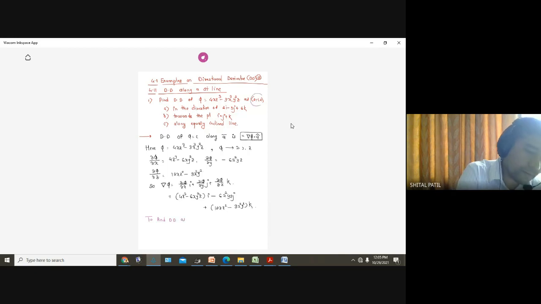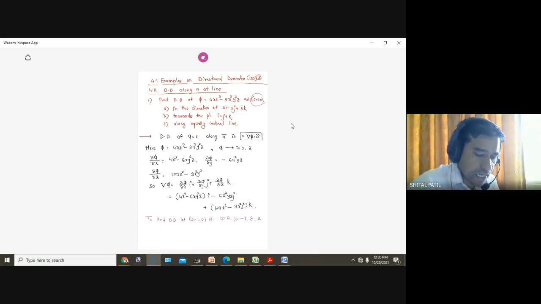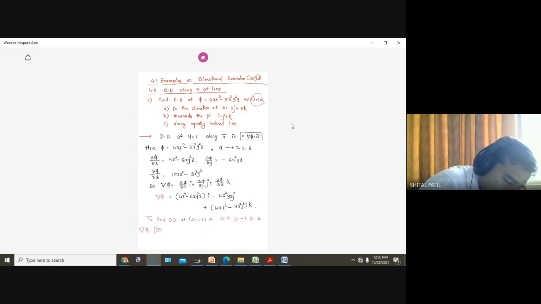At this point. So in the above vector, substitute x equal to 2, y equal to minus 1 and z equal to 2. Okay, substitute. X equal to 2, so 2 cube is 8, 8 into 32. Minus 6x, with x is 2, y is 1, z is 1.